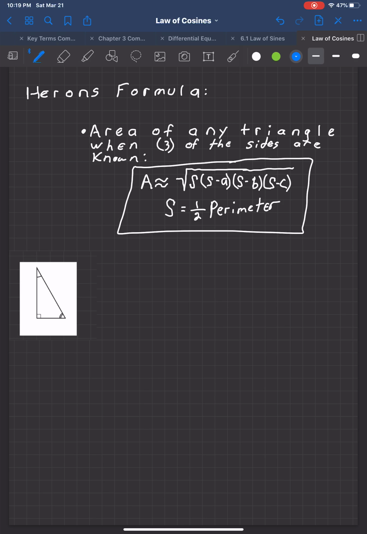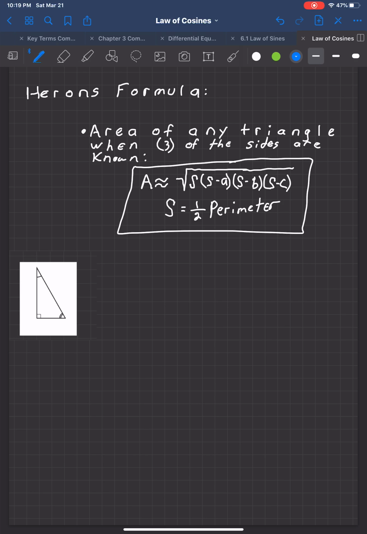This is pre-Socratic. From the little bit that I can remember off the top of my head, Heron was an engineer, and he had an engineer's approach to mathematics. In other words, he was willing to accept some error in his calculations.